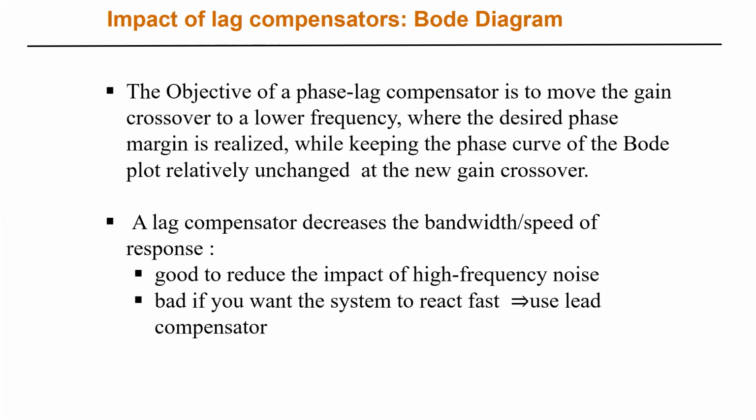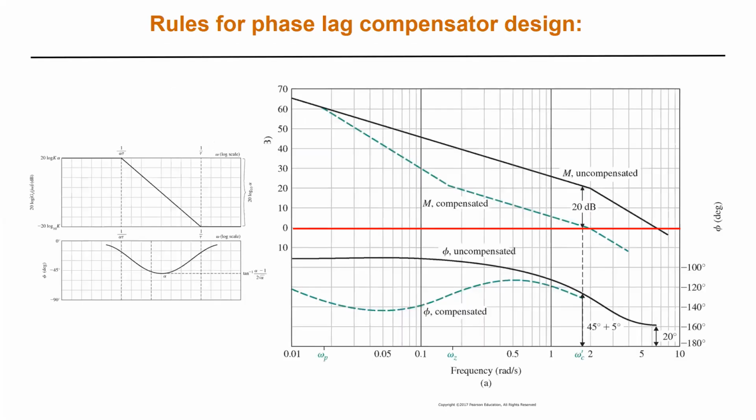Any question here? Roughly speaking, let me try to explain how it works. Next time we will definitely take an example. So suppose the black one is the uncompensated system, and suppose you are already satisfying the steady state error.